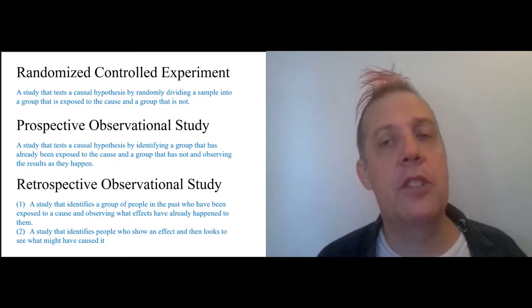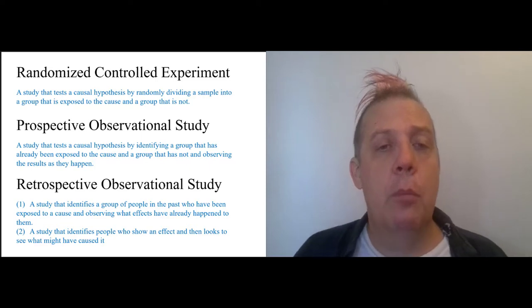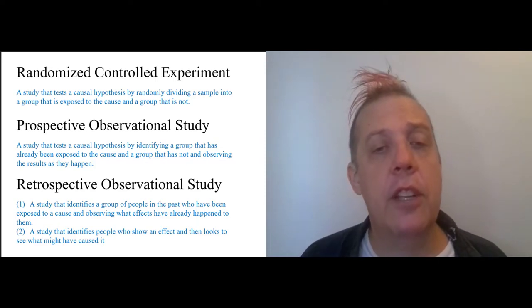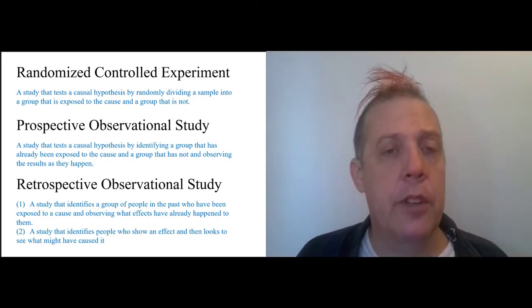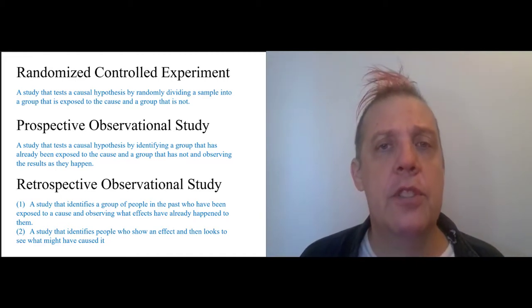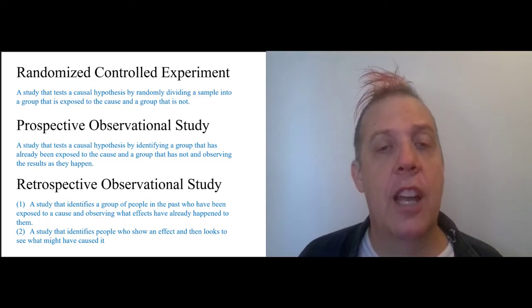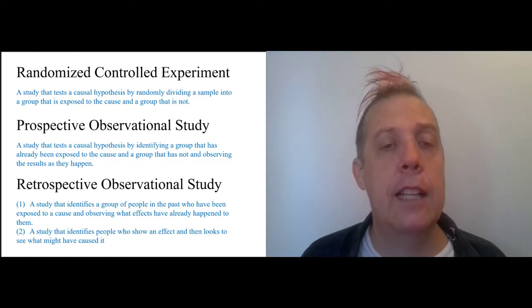Often, though, randomized controlled trials are not possible. So we get prospective observational studies and retrospective observational studies. A prospective observational study finds a group that has already been exposed to the cause, and compares it to a group that has not.